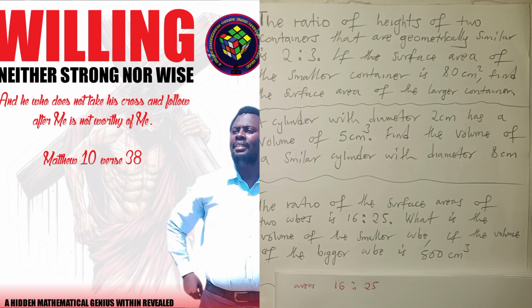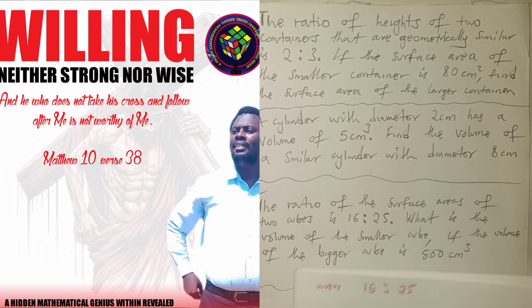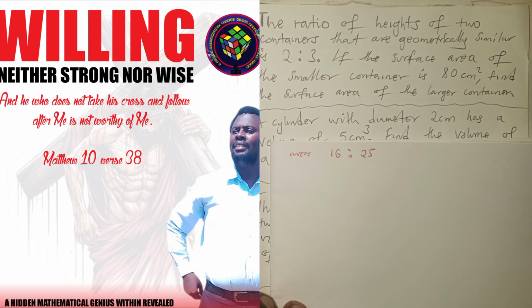What is the volume of the smaller cube if the volume of the bigger cube is 500 cubic centimeters? Now, here we have a ratio of areas. So what you do is that we are going to convert this ratio of areas to a ratio of sides. Then from the ratio of sides, we take it to the ratio of volumes.